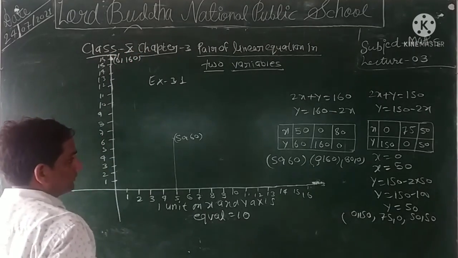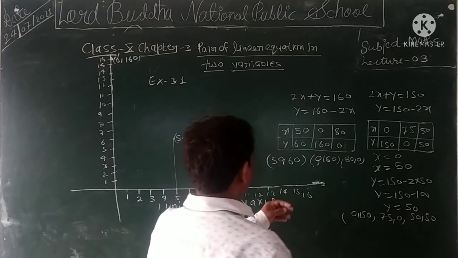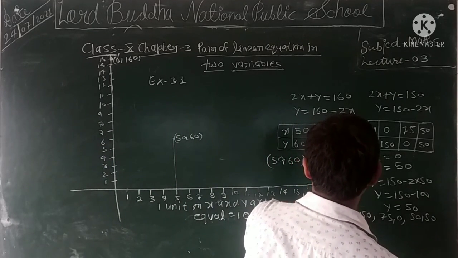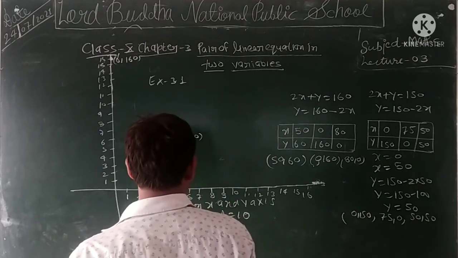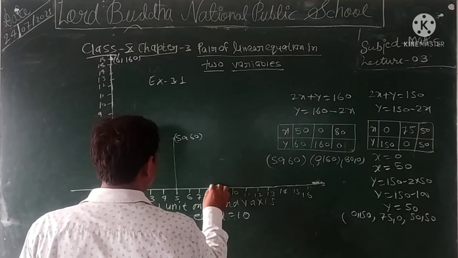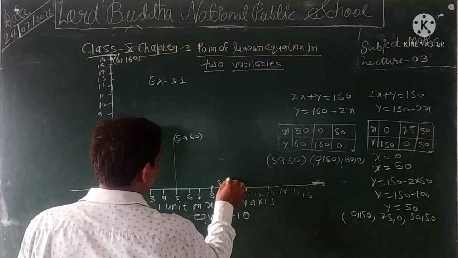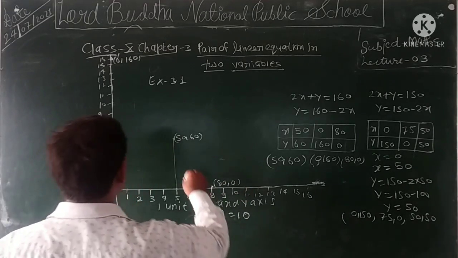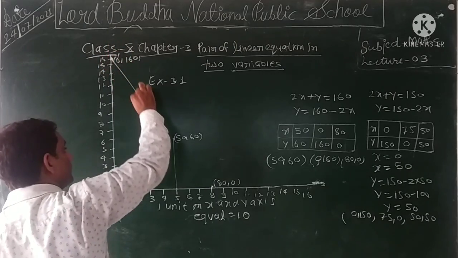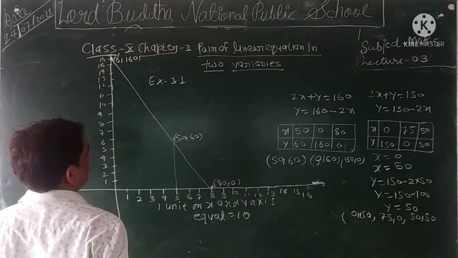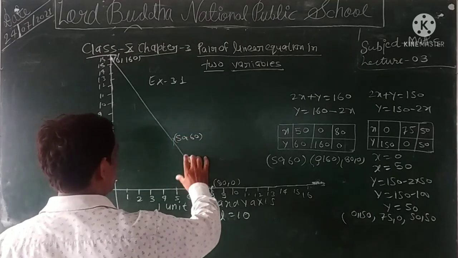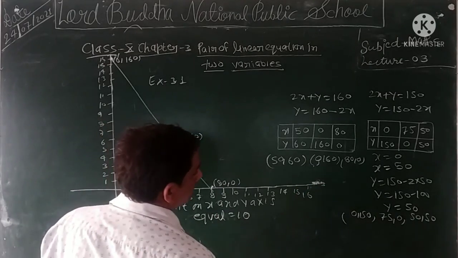Now the last one is 80 0. So 80 0 is 8 here. Now we join these points something like this. And we draw the second line.